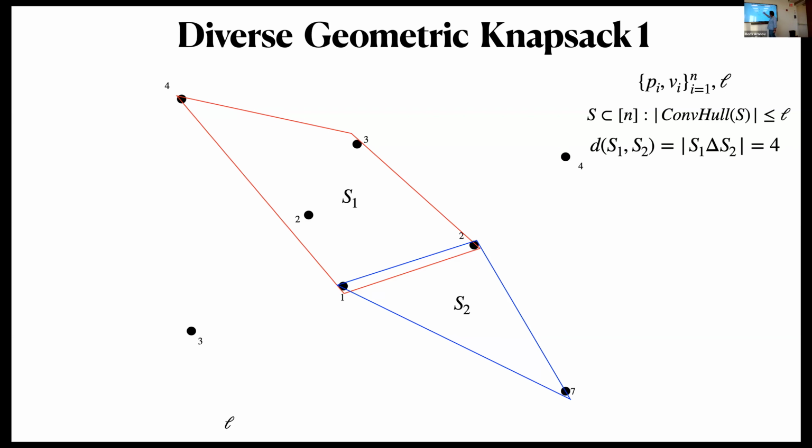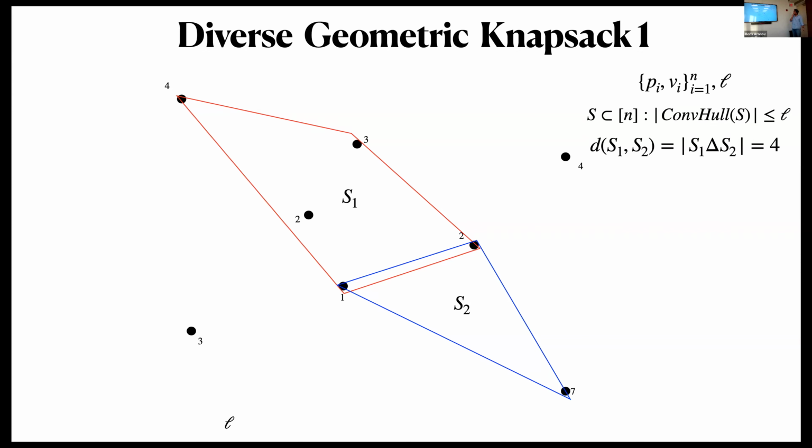So if I have a red curve that's giving me this subset of points S1, and a blue curve that's giving me this subset of points S2, then how different are these two solutions? Well, I look at how many points are in one polygon but not in the other. In this case, it's 4. So that's my diversity measure.